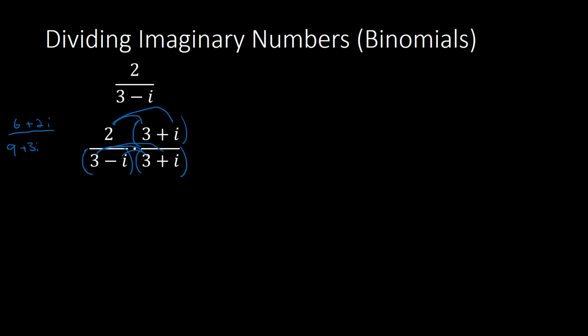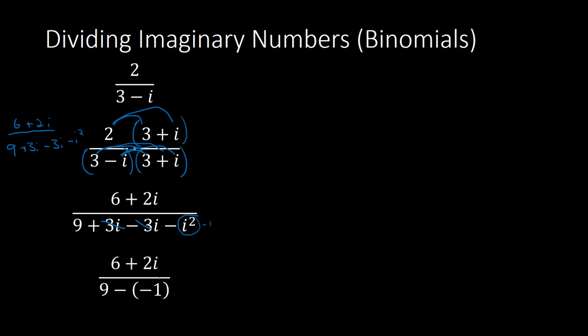And then negative i times 3 gives me negative 3i. And negative i times i gives you a negative i squared. And that's what I see right here. 3i minus 3i would cancel. i squared is the same thing as negative 1. So what I have is in the denominator 9 minus negative 1, which gives me a 10.